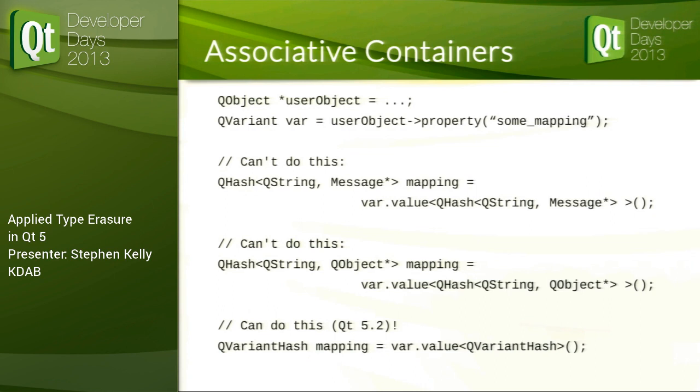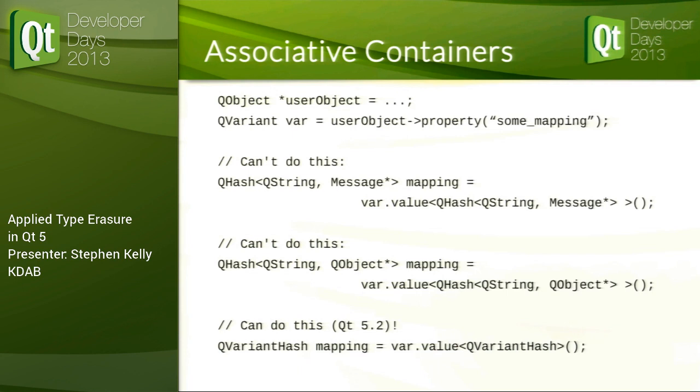Of course, not every container that you have is sequential. You also have associative containers. And you might have a property which returns for you some kind of mapping. And obviously, because again, I don't know about message, I can't extract it as a QHash of QString, message.